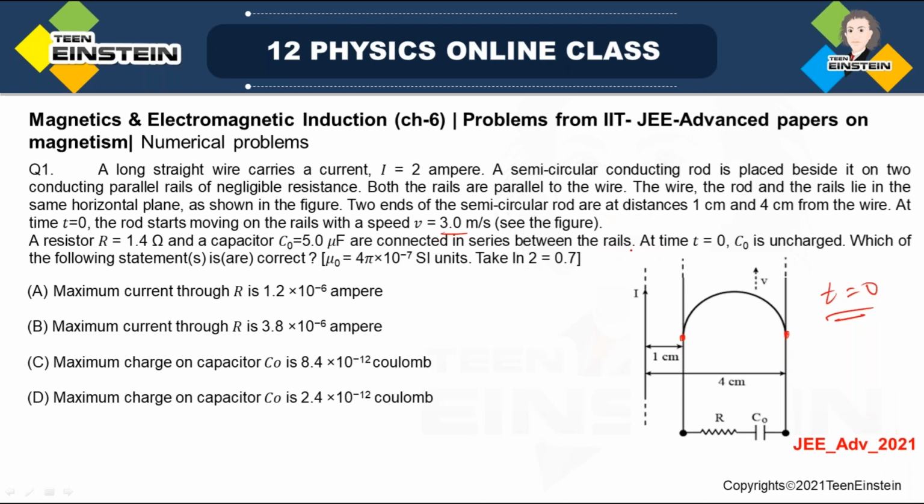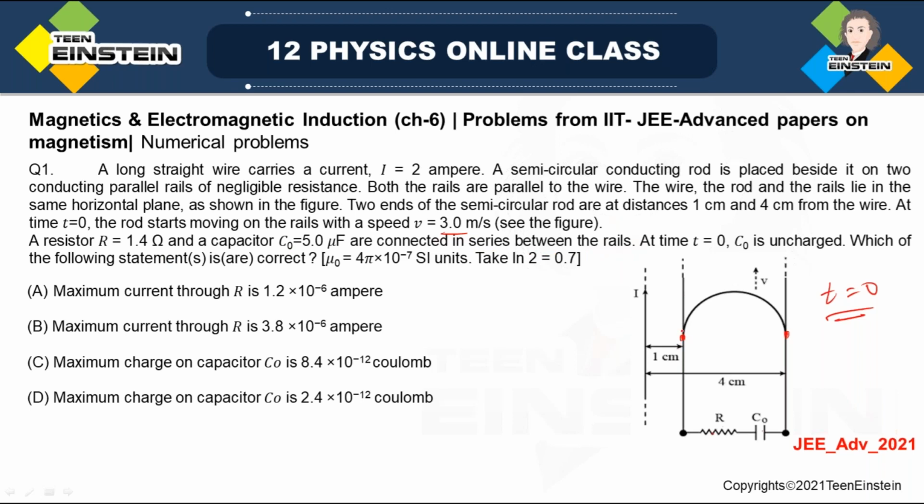series between rails. See this R and C0. So this is a resistor, this is a capacitor. Initially the capacitor is uncharged, it is given somewhere, we'll see that. So these two, R and C in series, are connected with the ends of the rod, connected in series with the rails.